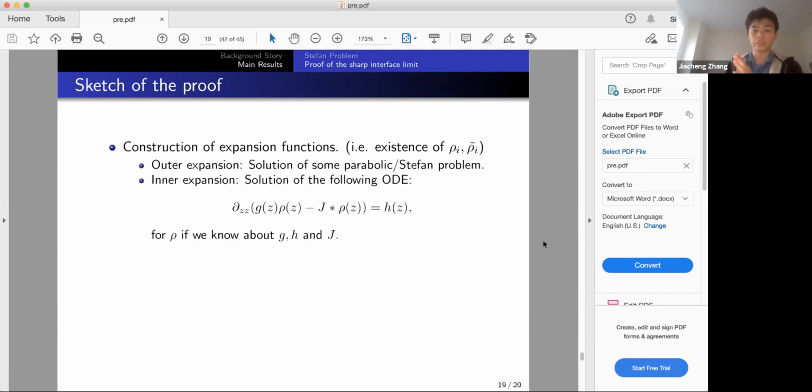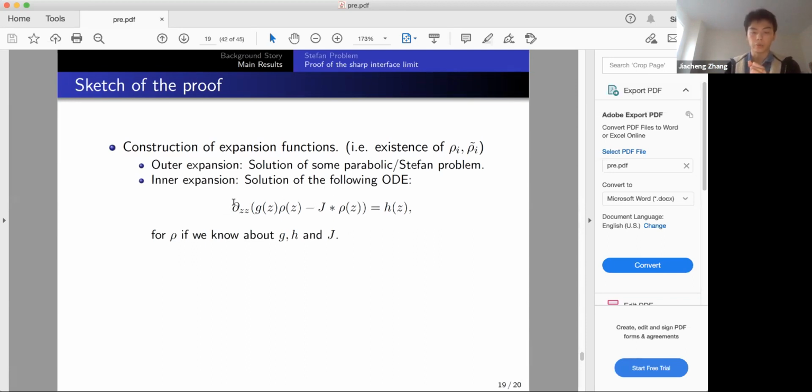For the outer expansion, it will behave very much like the limiting process. Therefore, it will be the solution of some parabolic or some Stefan problem here. But for the inner expansion, since we did not do the non-localized version, we will be working with some non-local ODE.